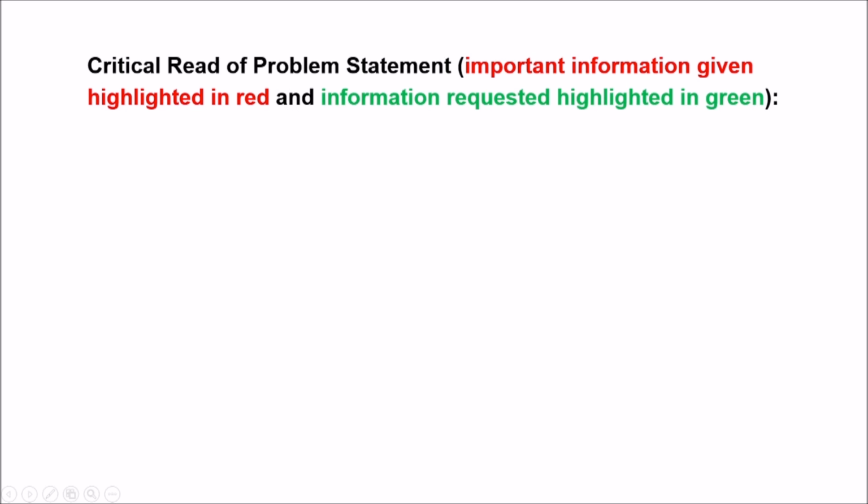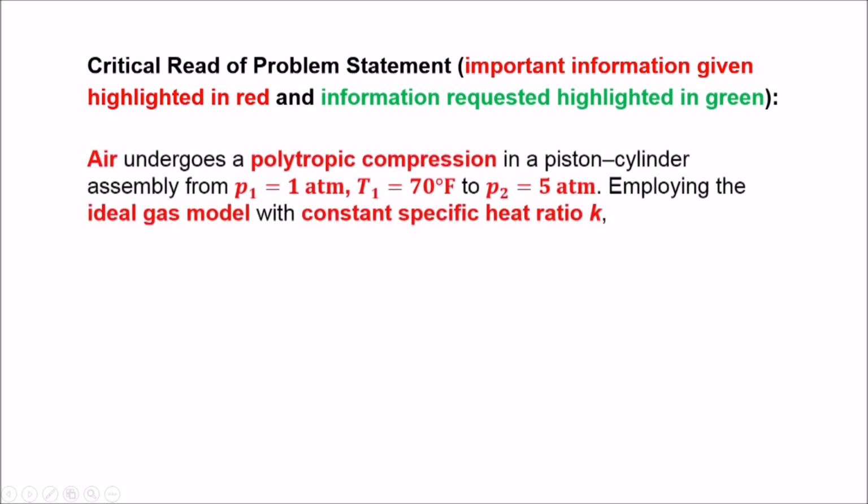First, let's do a critical read of the problem statement, highlighting in red the important information given and in green the information requested. Highlighted in red, we have air undergoes a polytropic compression in a piston cylinder assembly from P sub 1 equal to 1 atmosphere and T sub 1 equal to 70 degrees Fahrenheit, up to P sub 2 equal to 5 atmospheres.